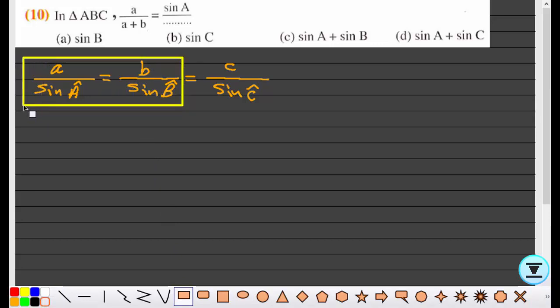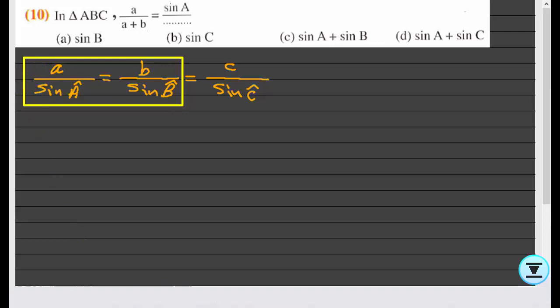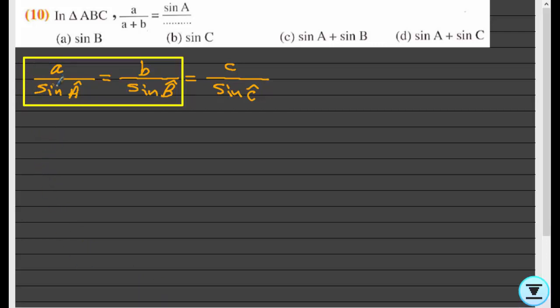We have a over sine A equals b over sine B. It means a over b equals sine A over sine B.